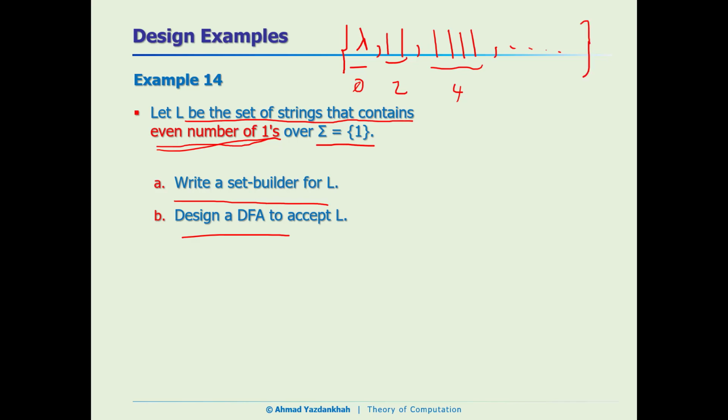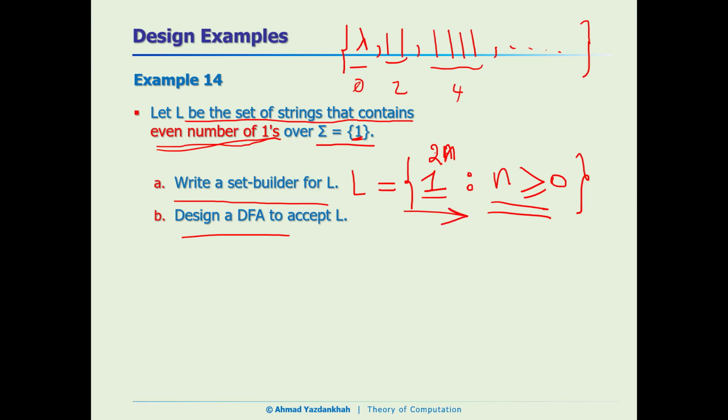I think the pattern is revealing itself. So what is the L here? We would say 1 to the 2n such that n is greater than or equal to 0. This 1 is actually a symbol of the alphabet. It's a constant. And n is a number that needs to be described here. This will be our set builder.